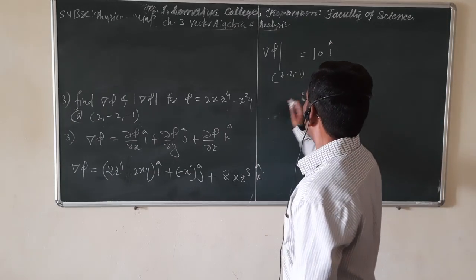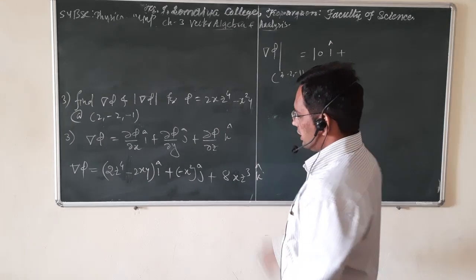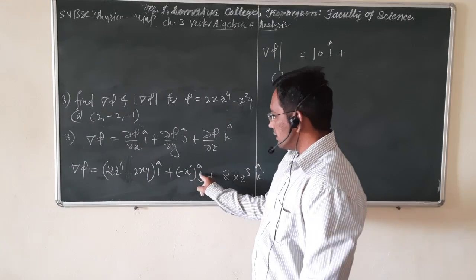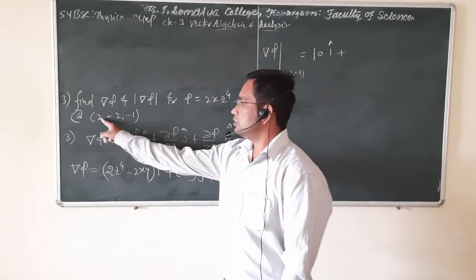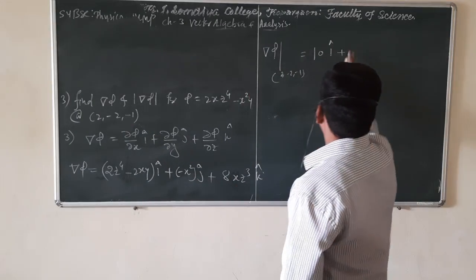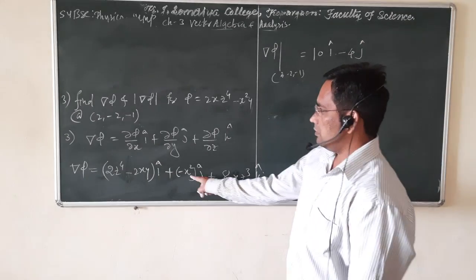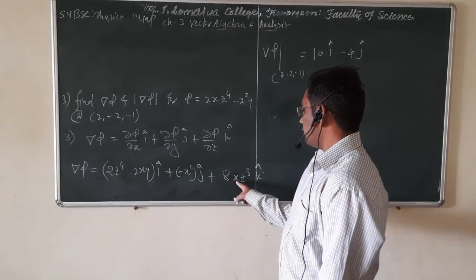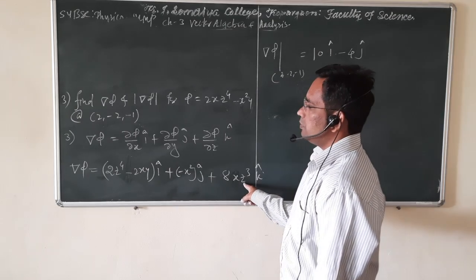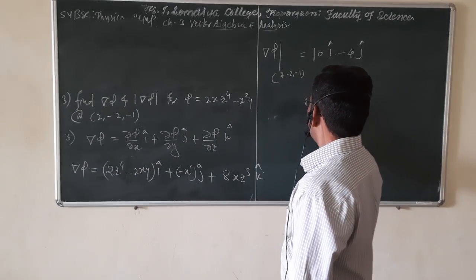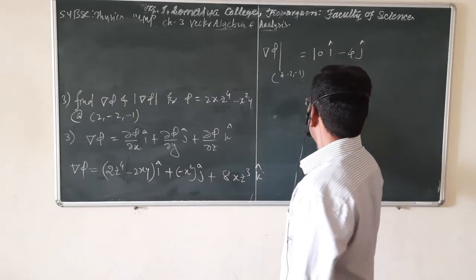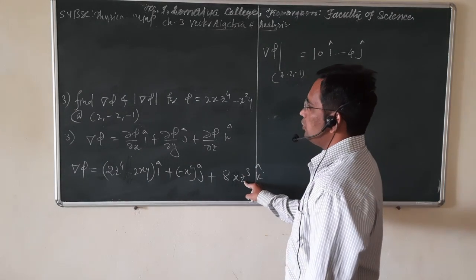Similarly, for j cap, minus x square. So x is 2, so here we have minus 4 times j cap. Plus 8x into z cube. So 8x is 2 into z cube.